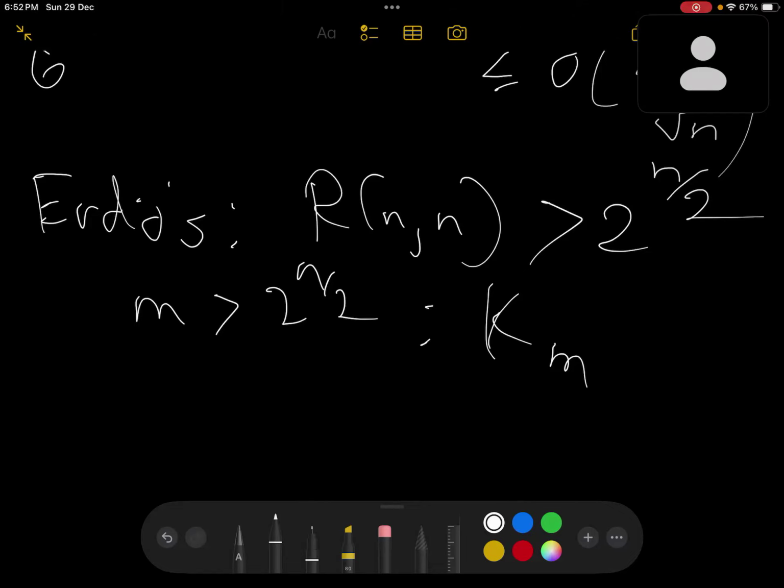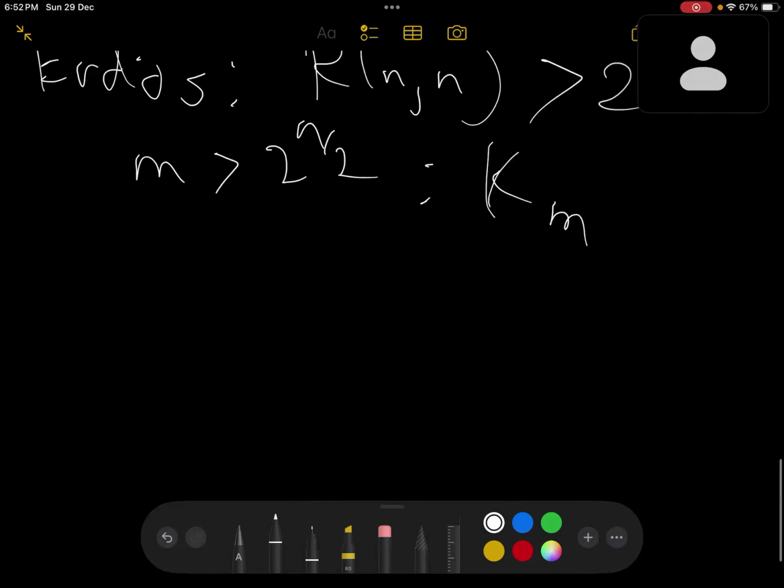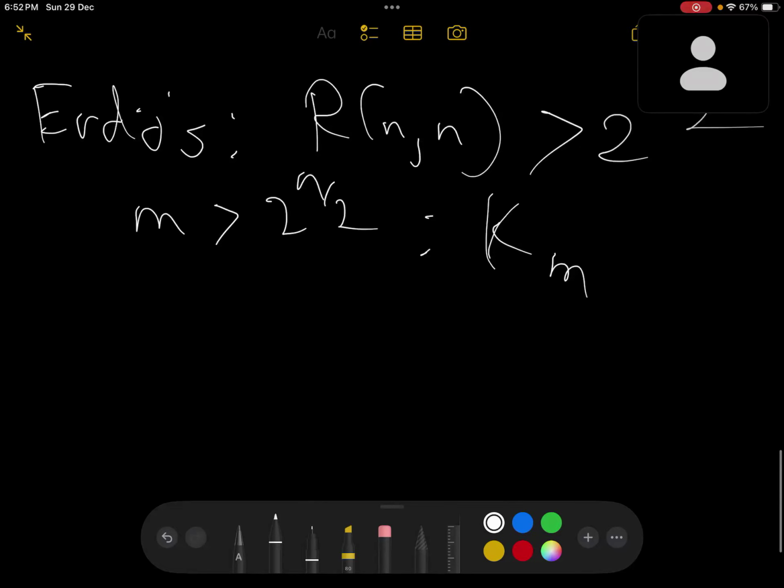That's the plan. This m is like the ceiling of this plus 1, something like that. Exact numbers won't matter that much. Just show it's greater than 2 raised to n by 2.